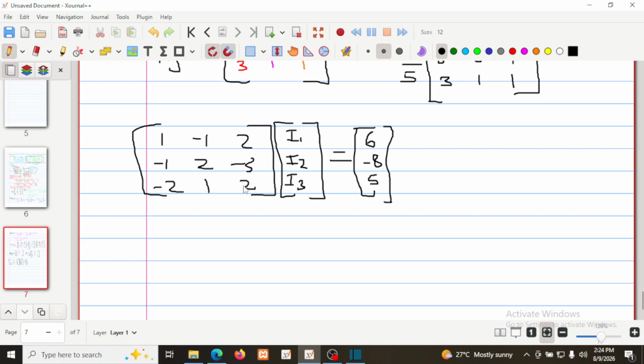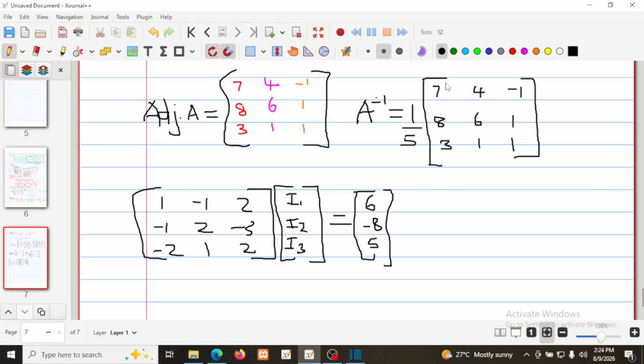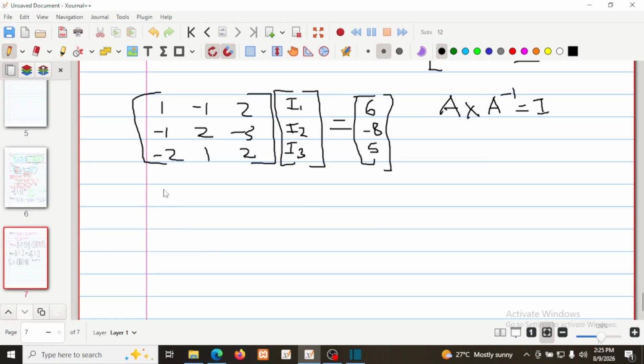So we have to multiply our inverse on both sides of the equation. If you multiply a matrix by its inverse, say A times its inverse, you will get the identity matrix of the same structure: 1, 0, 0, then 0, 1, 0, then 0, 0, 1.